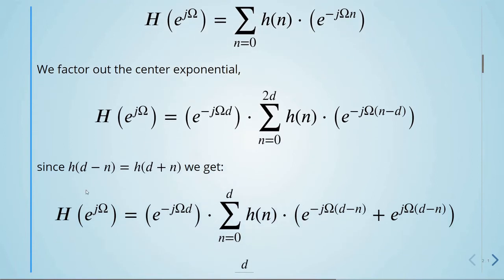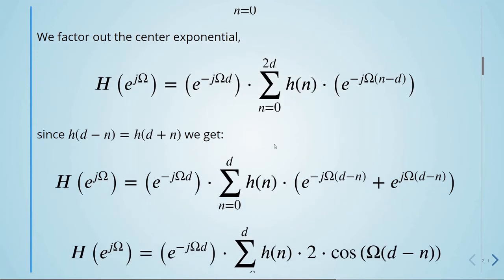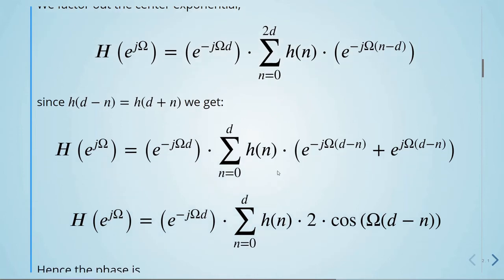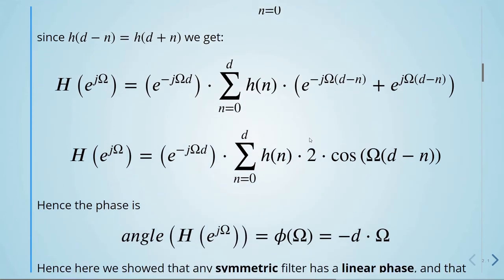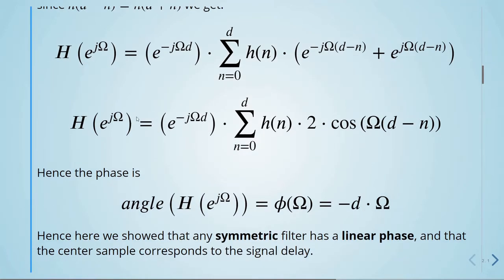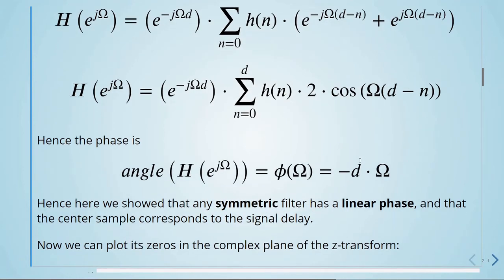Then we know that the impulse response h of d minus n is equal to h of d plus n. So using this, we will get this equation here. And then if we replace exponentials by cosine, we have this expression here, and hence the phase is minus d times capital omega.